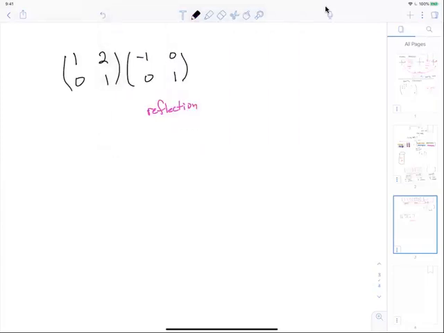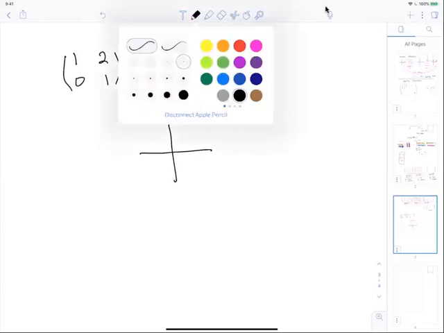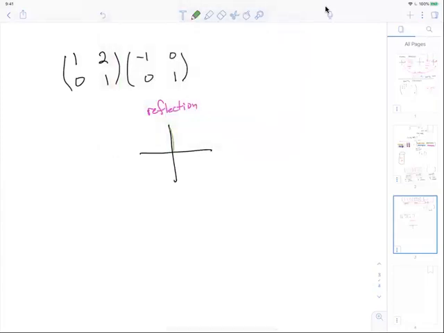So what does this transformation do? This is going to flip over the y-axis, so whatever the x is, it's going to make it negative. So this is going to turn that first basis vector to the negative side.